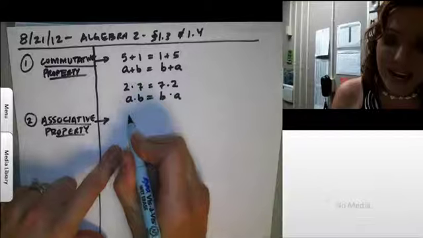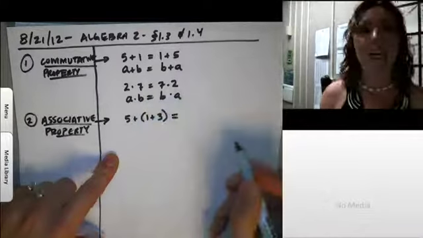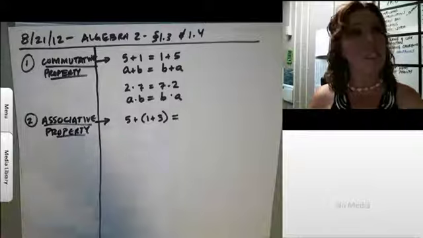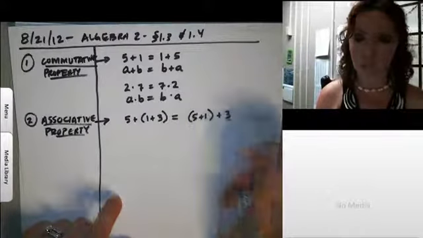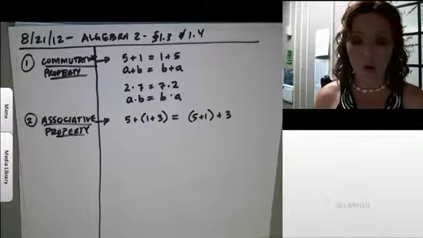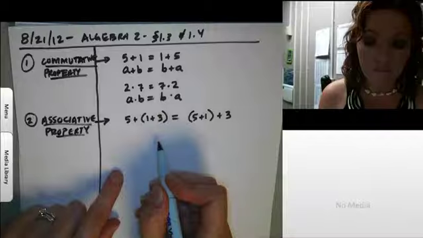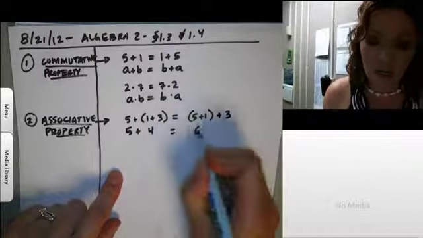So let's say I have (5 plus 1) plus 3. That is the same thing as if I shift the parentheses over: 5 plus (1 plus 3). So keep all the numbers in the same place, but move the parentheses around. Okay, so if we were to continue on with this, 1 plus 3 is 4.